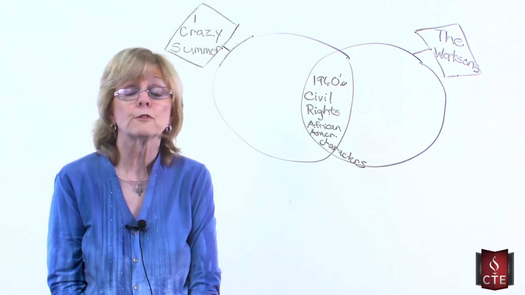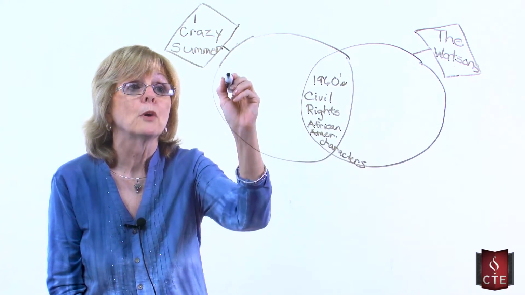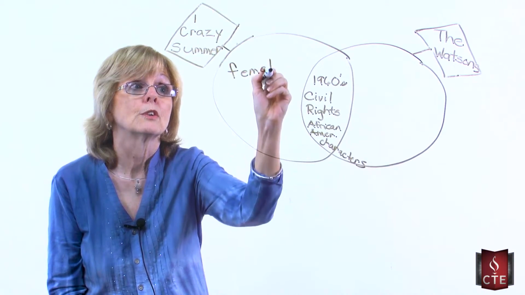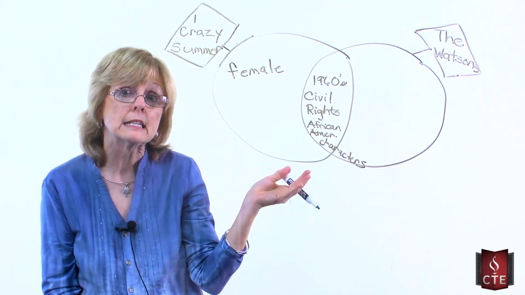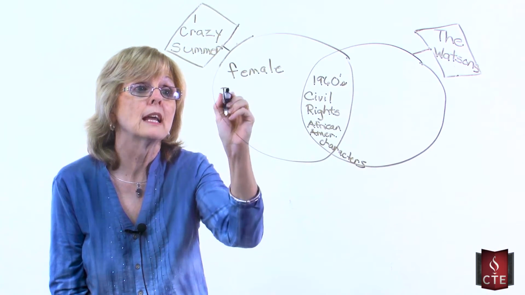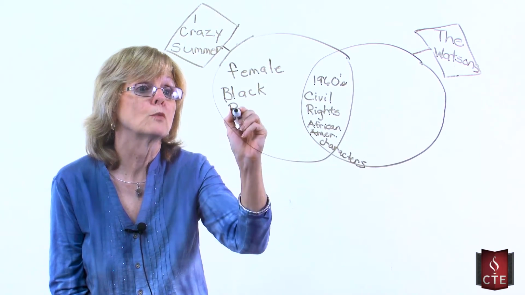Now, there are differences as well. One Crazy Summer has primarily female characters and addresses the effect that the Black Panther movement had during the Civil Rights Movement.